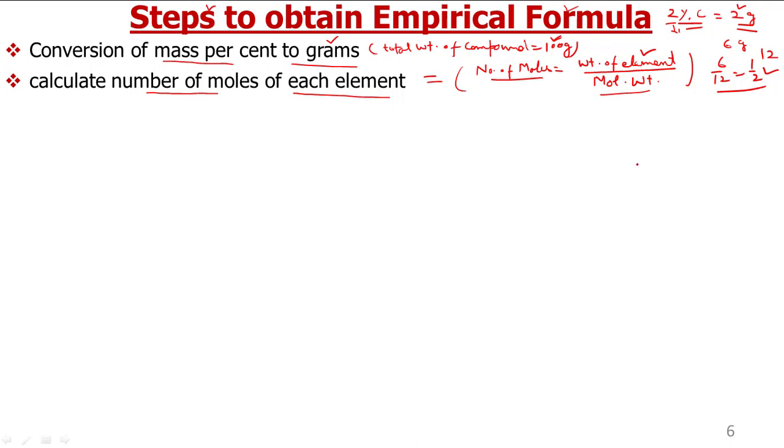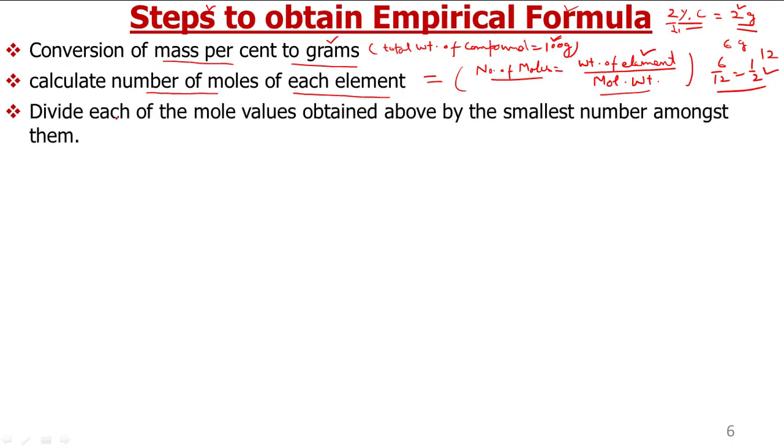The weight of the element, whose number of moles we have to calculate, divided by its molecular weight gives you the number of moles. Then, sometimes you will get whole numbers, sometimes they will not be whole numbers. So in order to make them whole numbers, we divide each of the mole values obtained by the smallest number amongst them. Suppose we have 3 atoms, carbon, hydrogen and oxygen.